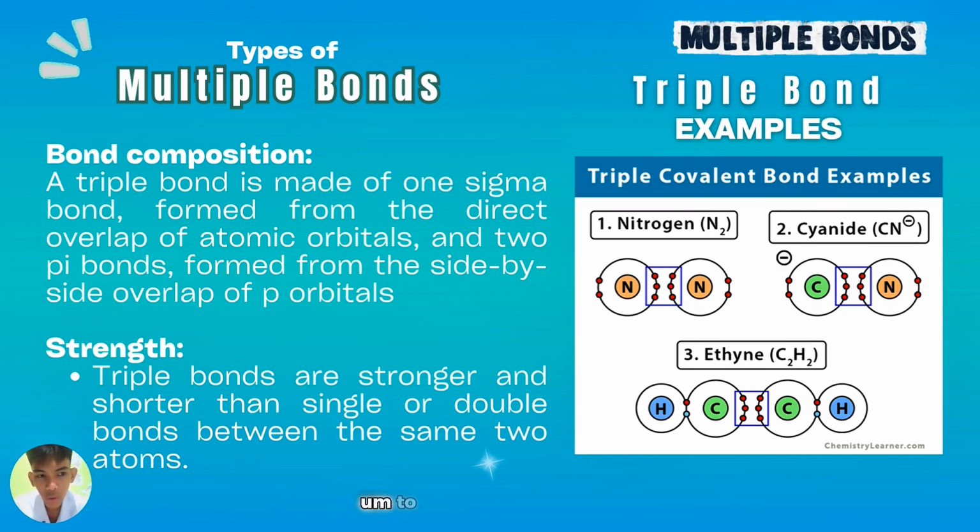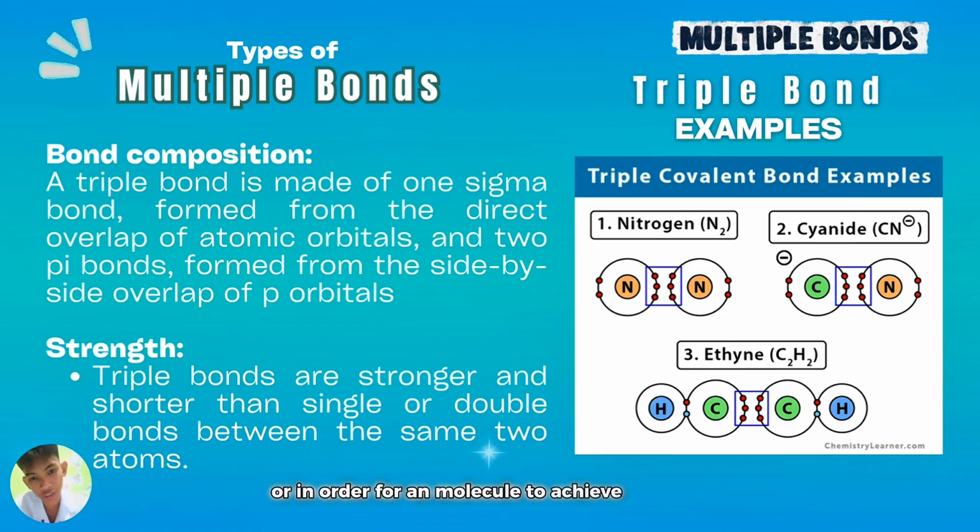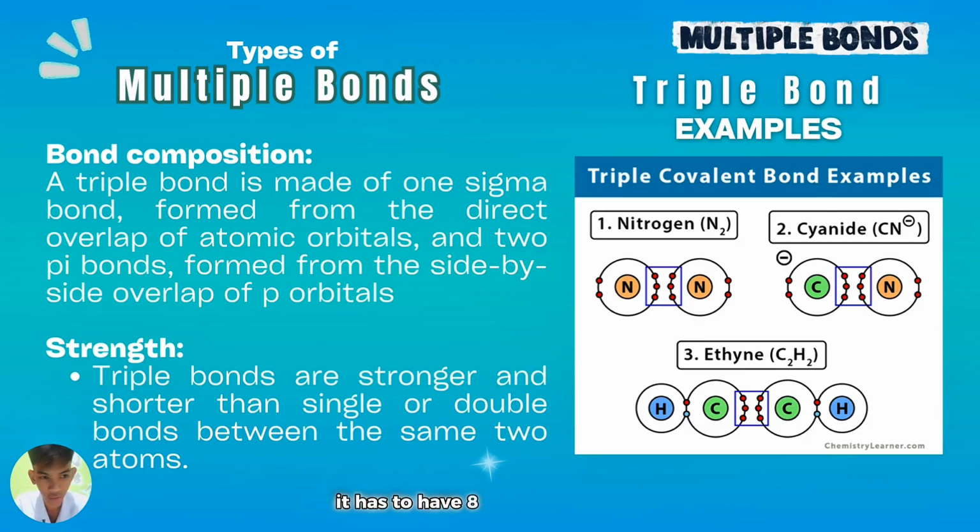And to clarify, in order for a molecule to achieve stability, again, it has to have 8 valence electrons. So we have to count the blue dot that's being shared between the bond between carbon and hydrogen. And hence, now we achieve the octet rule.